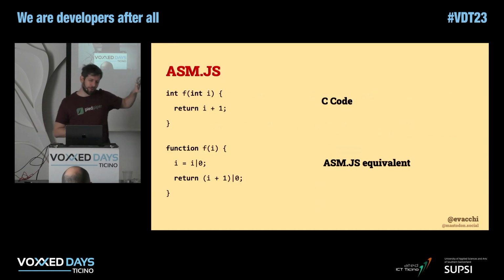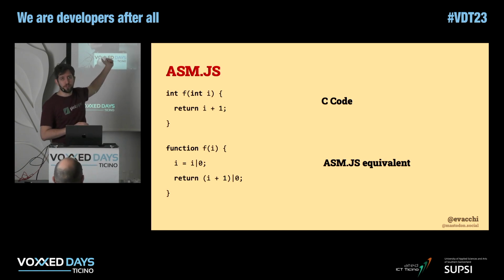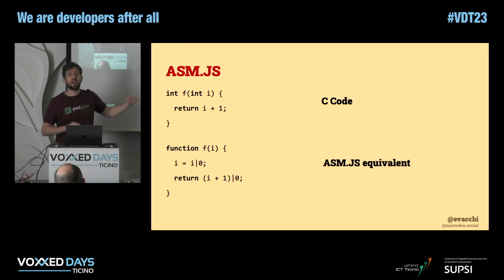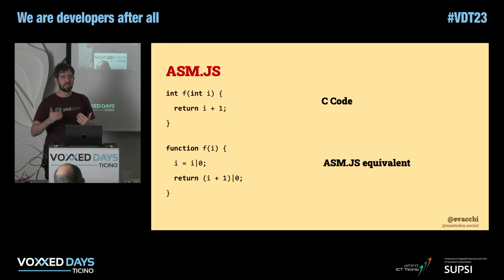This is an example. Don't focus too much on it, but the idea is that you have this snippet of C code at the top where you see there are types. There are integer types as argument and return type. You don't have explicit typing in JavaScript, but by using this syntax, by putting it into a bitwise OR, this operation has only meaning if i is an integer. You know that JavaScript doesn't have explicit integer types.